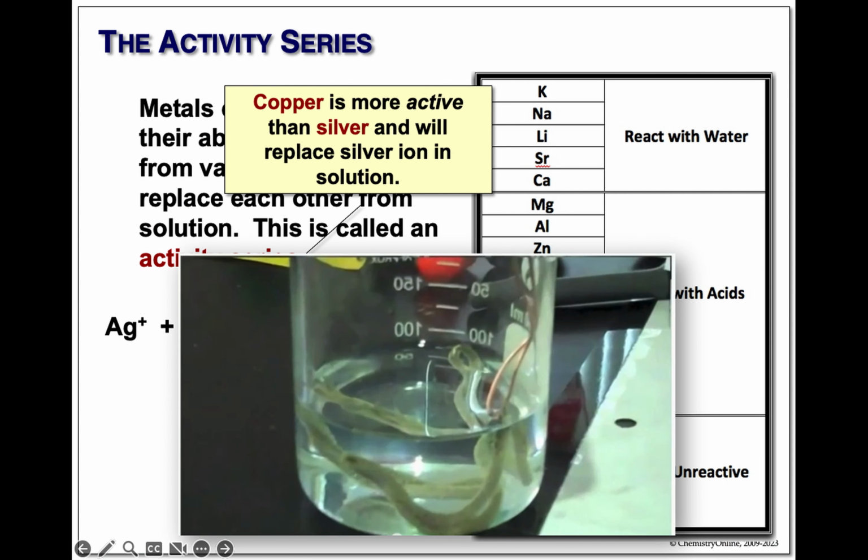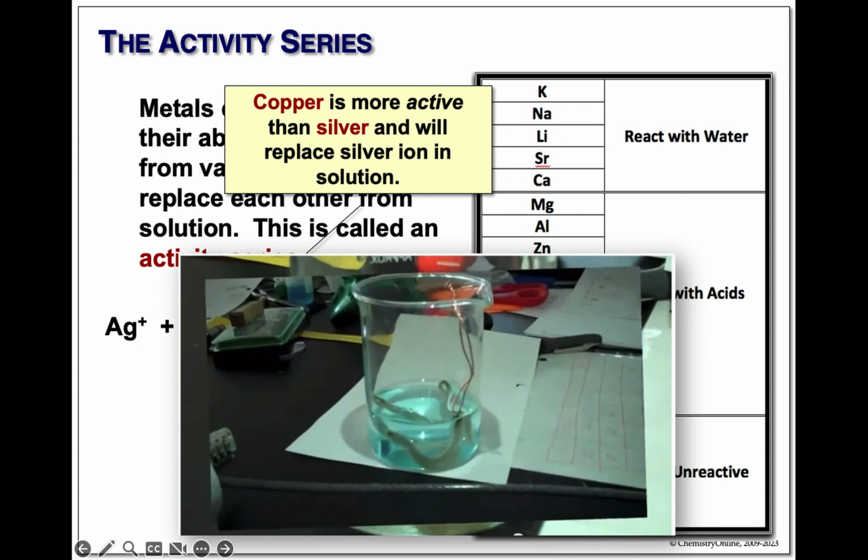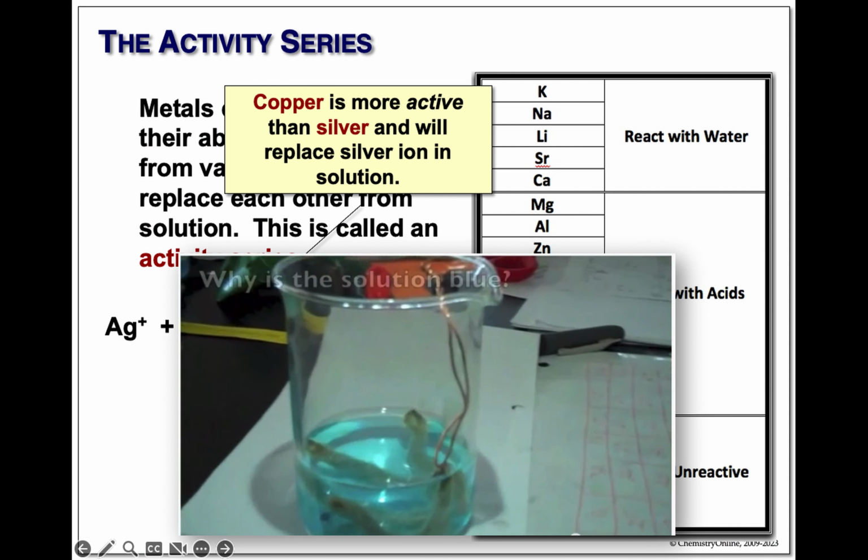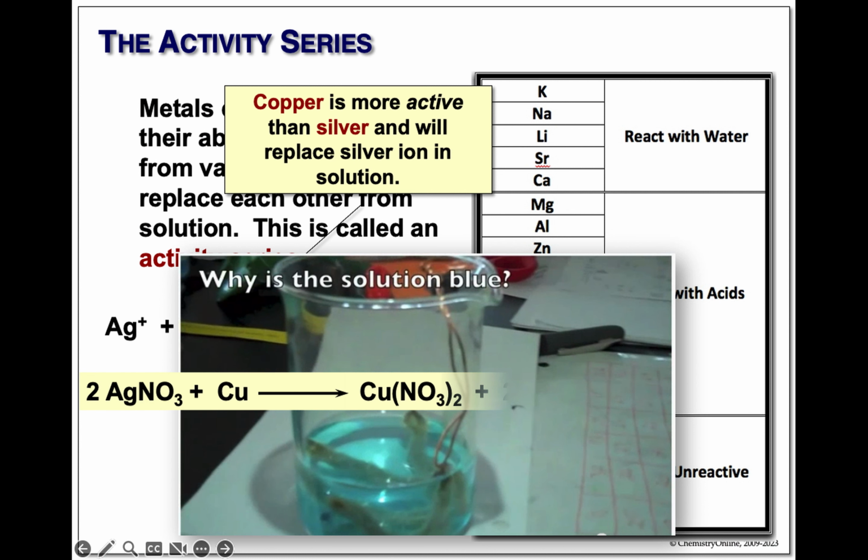After 7 or 8 minutes, we have very fuzzy copper. Let this sit for a while, get lots and lots of fuzzy copper, and a blue solution. Why is the solution blue? Because copper salts tend to be blue. So this is our single replacement reaction. Element in a compound, element in a compound. Copper is more active than the ion.